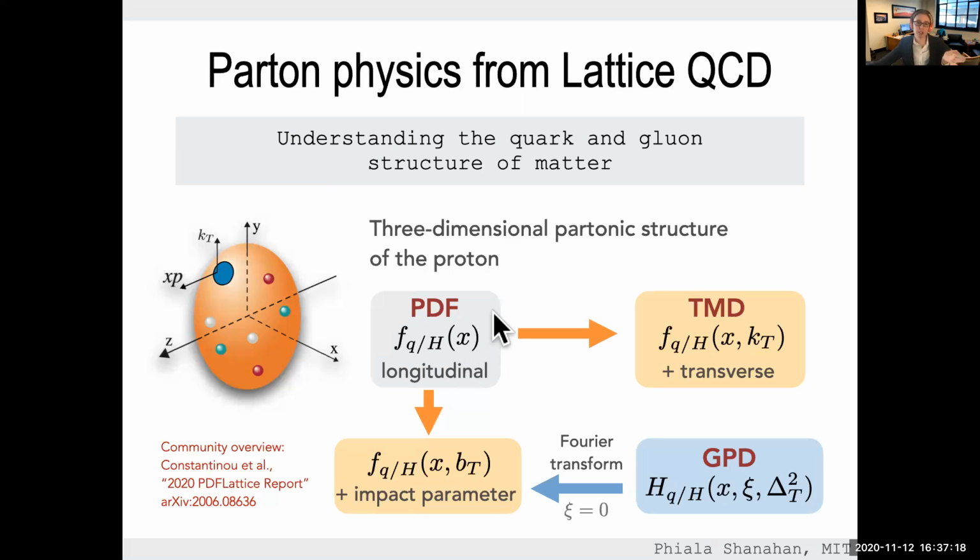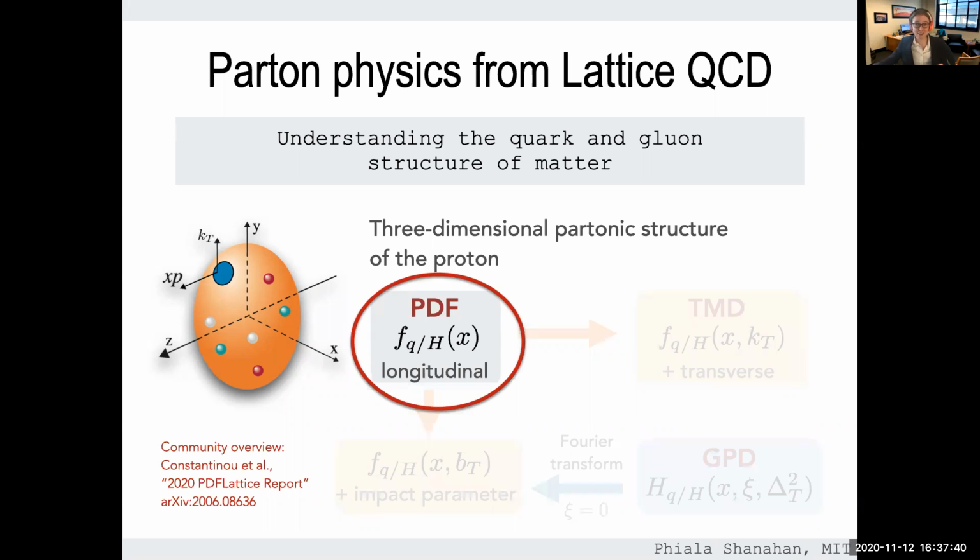If we also consider the transverse structure, so add in our additional transverse scale, we call them transverse momentum dependent parton distribution functions. And we can also allow a momentum transfer. So this xi is a skewness, a longitudinal momentum transfer. We get generalized parton distribution functions. And I'll talk about some aspects of each of these.